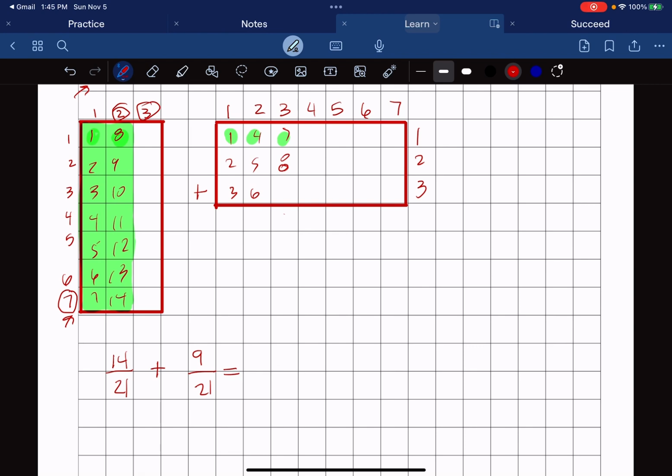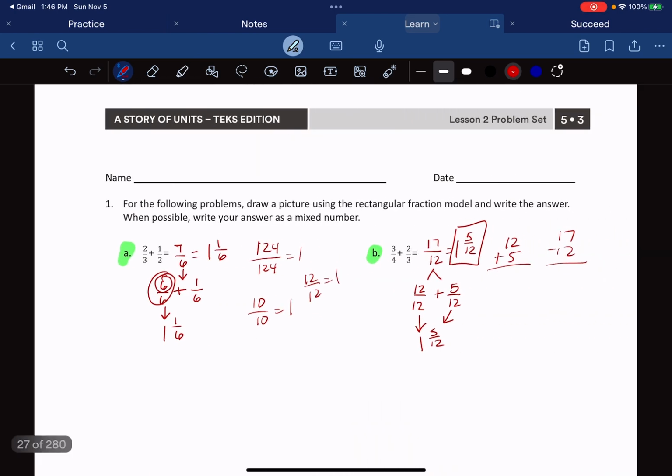Now students, if you need to do that off to the side, that is more than fine. If you can't really do it in your head, write it off to the side. So then you'd have 9 plus 4 is 13, carry your 1 up, 23, and then bring that 23 over here and put it over 21. All right, so I've got 23 out of 21.